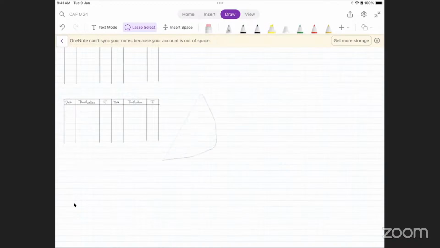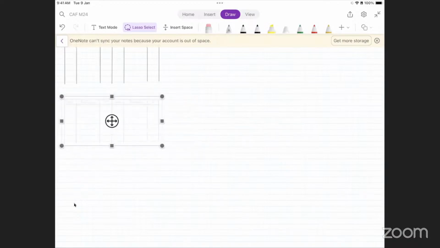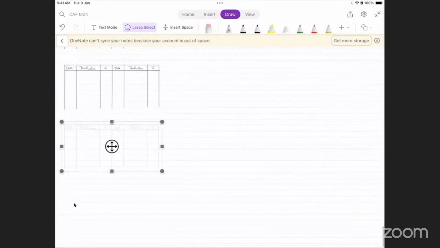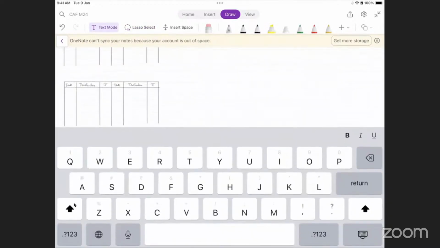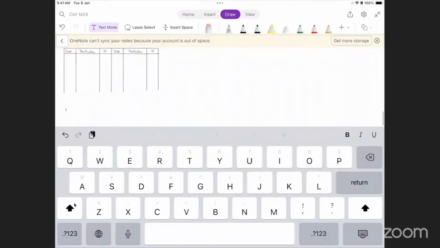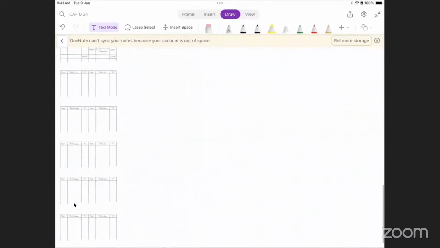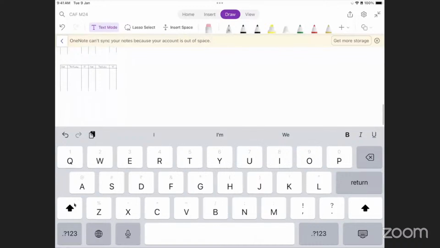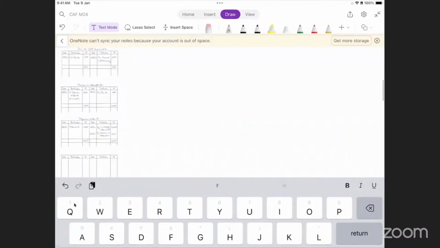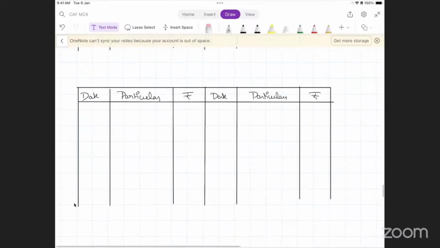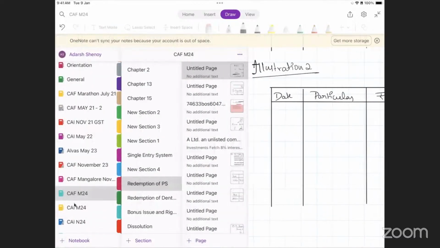So draw the format again for the whole page you can draw. Yes.